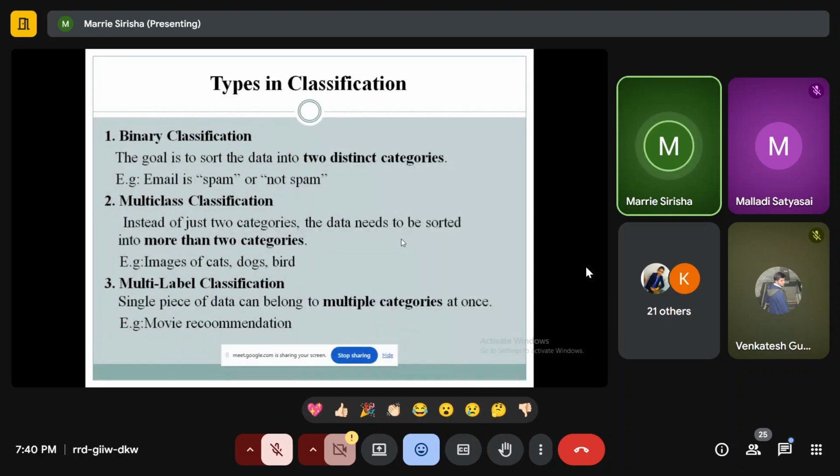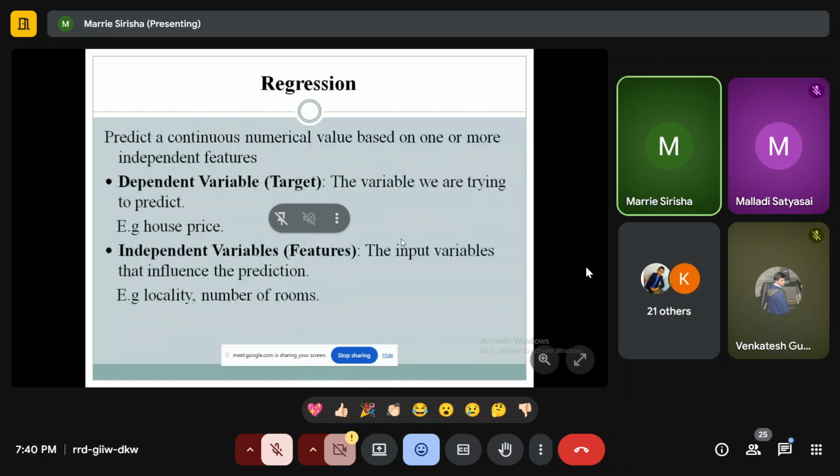In classification we have different types: binary classification, multi-class classification, multi-label classification, right? And regression predicts a numerical value.